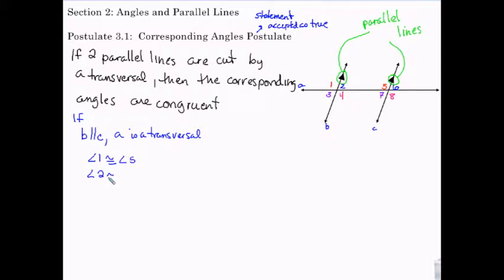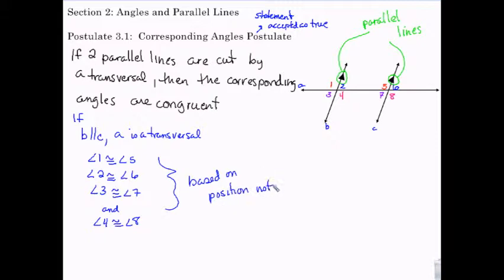Angle 2 will be congruent to angle 6. Angle 3 is congruent to angle 7. And angle 4 is congruent to angle 8. And this is based on position, not number. So if these were numbered differently, 1 is not always going to be congruent to 5.